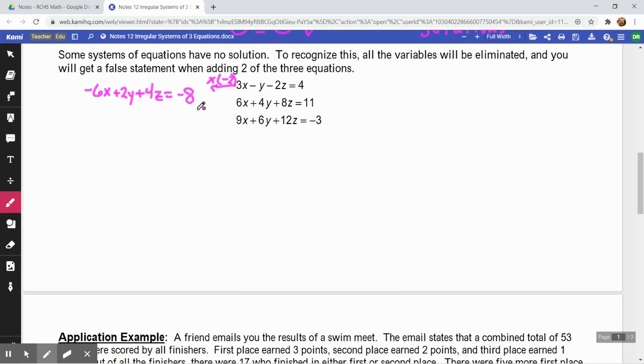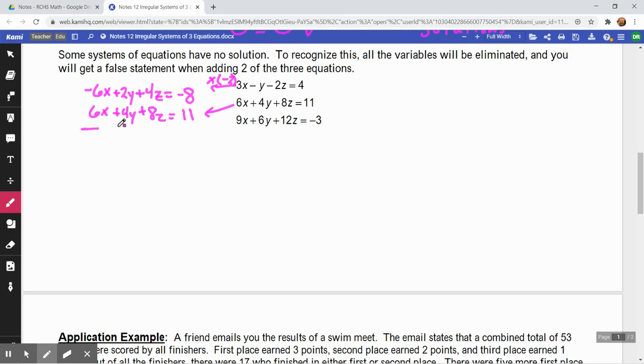Okay. So let's see what happens next. We take our second equation, and let's see. We do nothing to it. It already has a positive 6, doesn't it? So positive 6x plus 4y plus 8z equals 11.